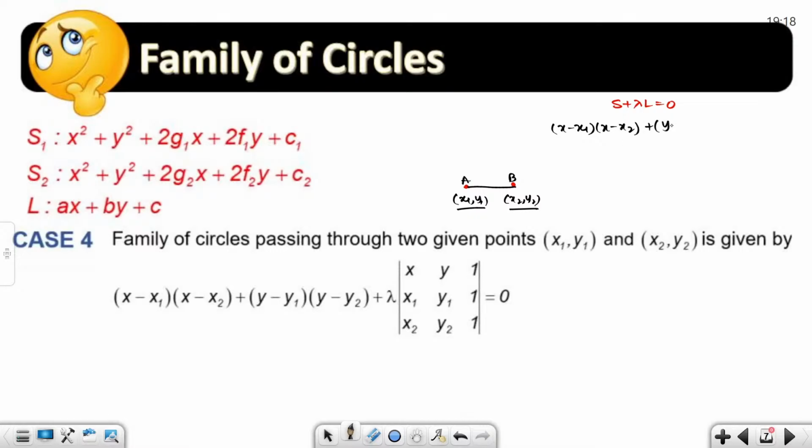This we all know. So this is the equation of the circle in which AB is the diameter. Is it clear? So now let me just draw the circle, which is actually this one.